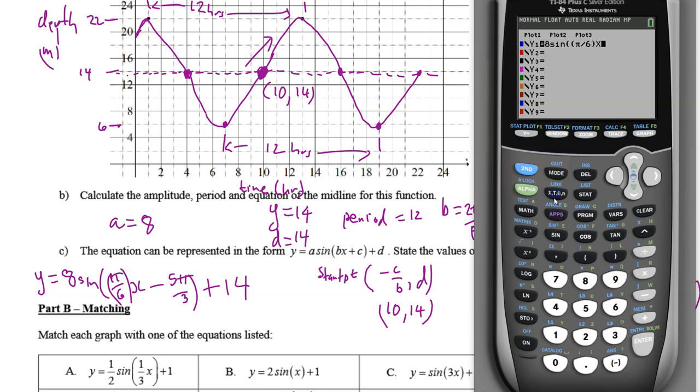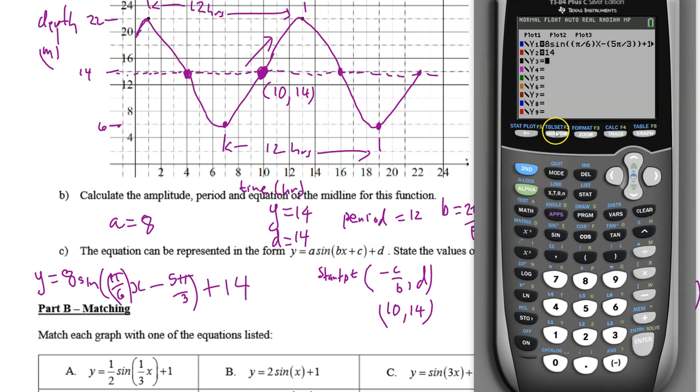Pi divided by 6, x minus, and I'm going to put this in brackets as well because it's a value, 5 pi divided by 3, plus 14. One other thing, I always like to show the midline, so I'm going to put in the midline of 14.